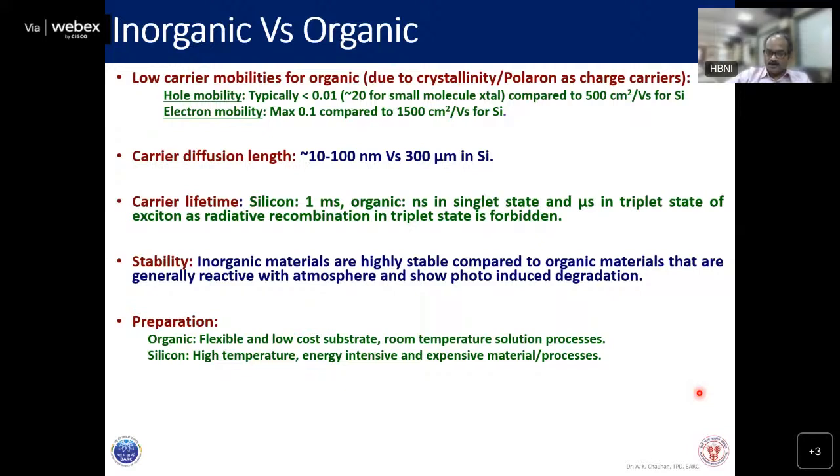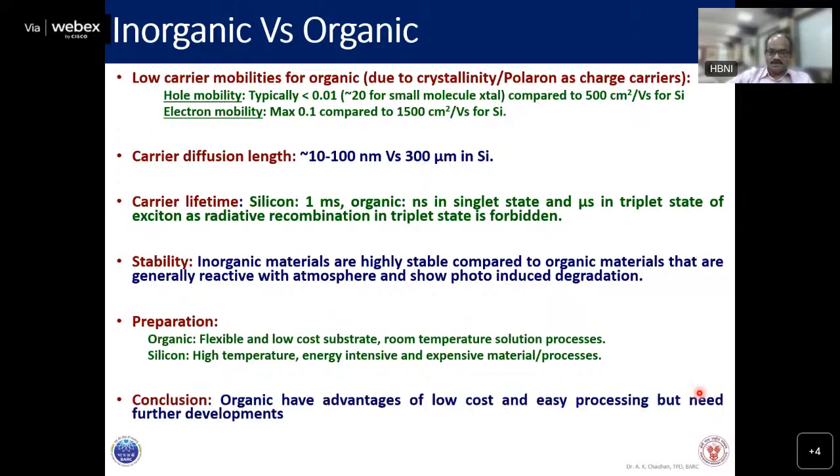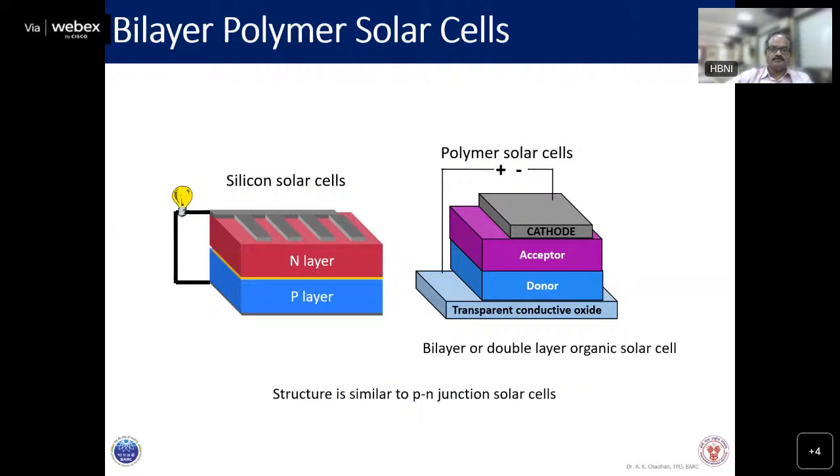Suppose you want to make a silicon single crystal, you have to first melt it, so the processes are very expensive. So we conclude that organic has advantages of low cost and easy processing, but further technology development is required because these materials and technologies are not fully matured yet.